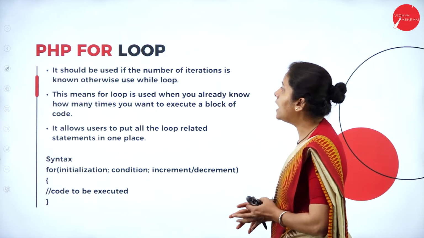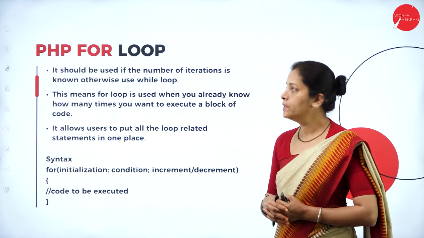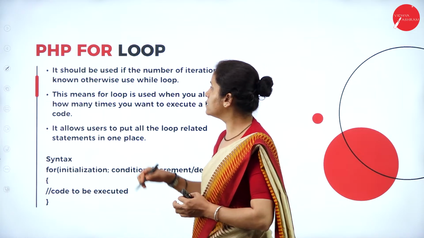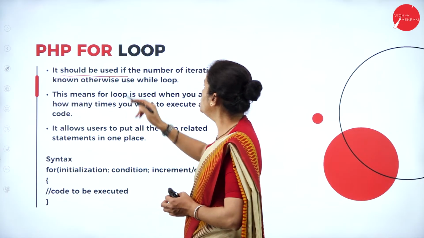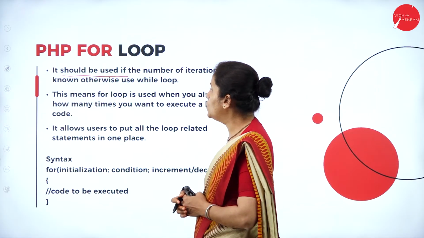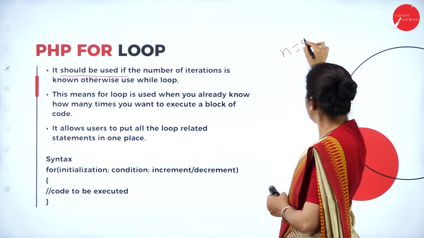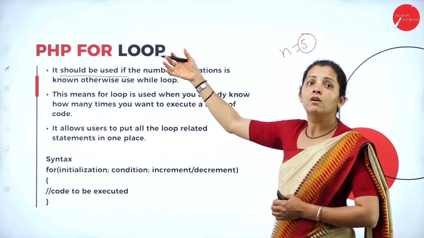Okay, fine. Now, I have one more looping statement, that is the for loop. It should be used if the number of iterations is known. Suppose I know the n value is exactly 5, then I will go with the for loop.